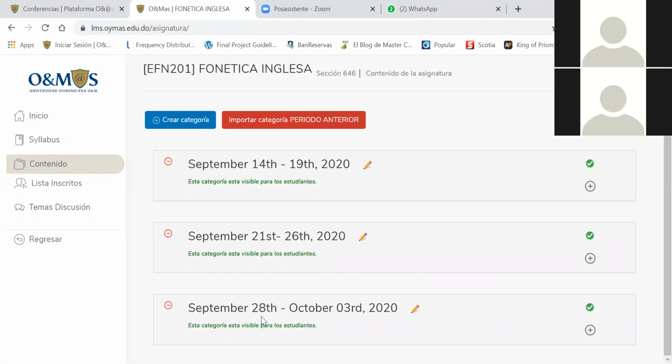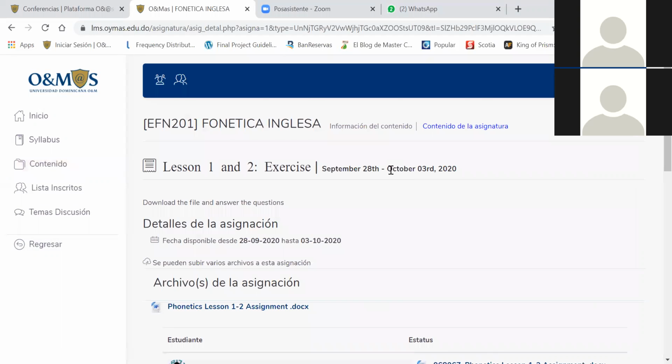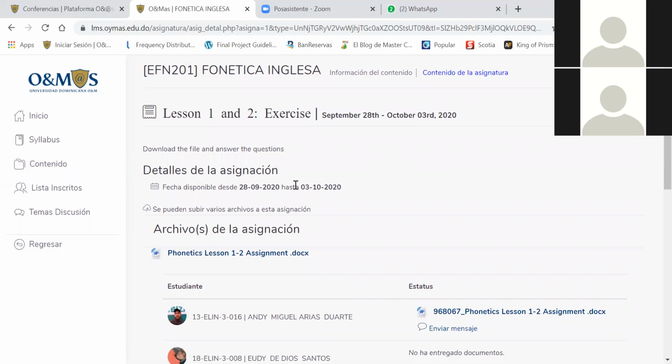Now, let's see what we have for this week, which today is the last day. I left there the second meeting video, and here we have an exercise from lesson 1 and lesson 2 from the book. Today is the last day to do that homework, right?